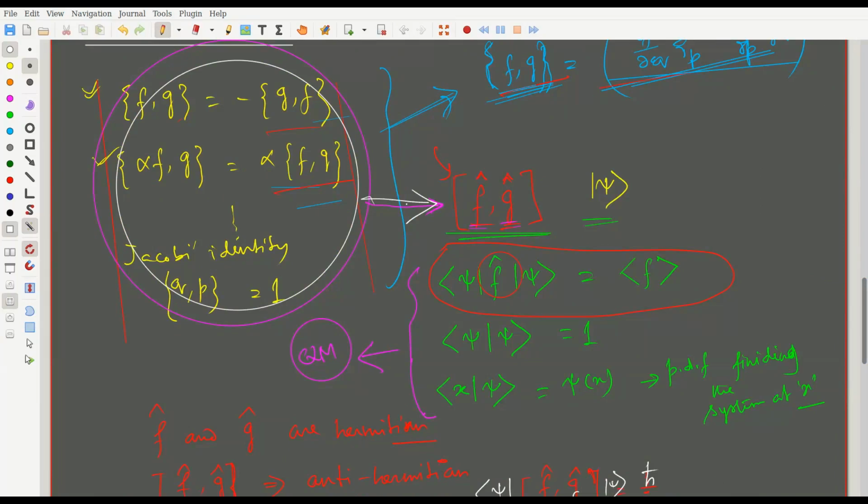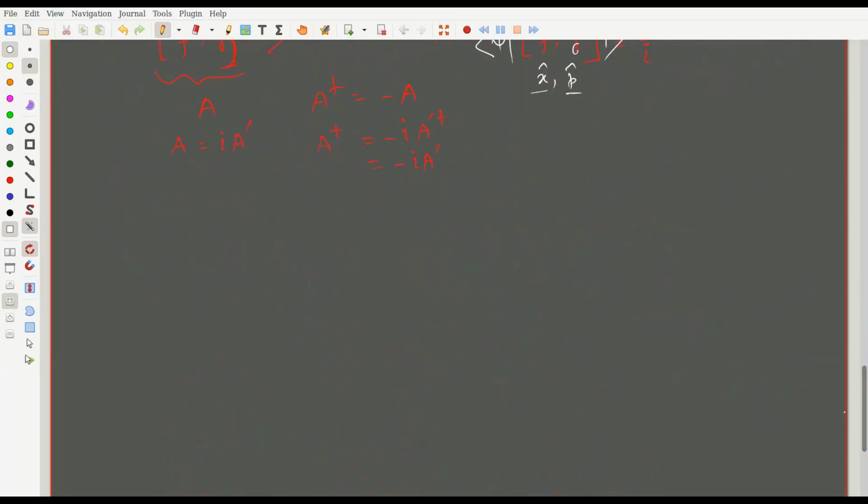To make the connection even further, those symmetry operations that I have been talking about for so long can be understood in a very nice way.